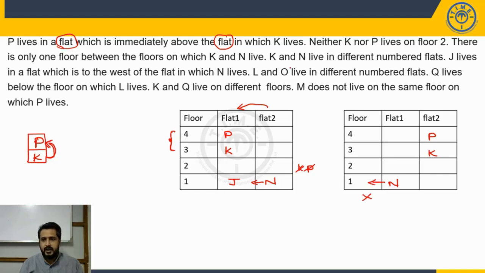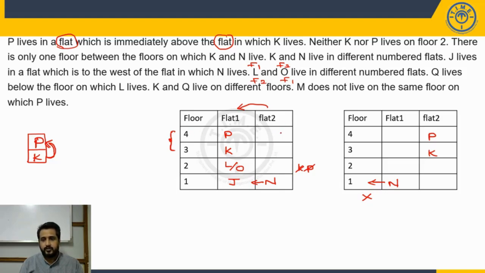Next. L and O live in different numbered flats. So if L is in flat 1, O will be in flat 2. If O is in flat 1, L will be in flat 2. But when you look at flat 1, only on the second floor it is vacant. So one of L and O should be here, and the other will be in flat 2. That we don't know.